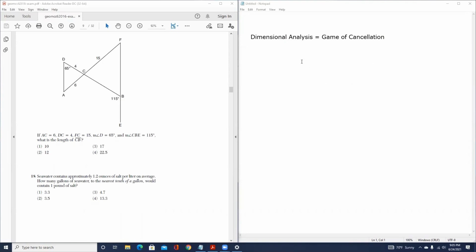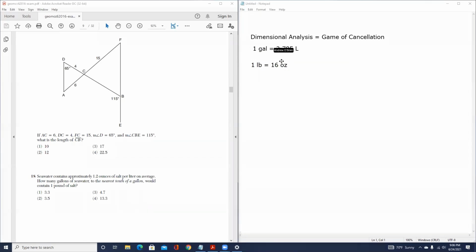So in this case, another ratio that we are given at the very bottom, at the very back of this test, is that 1 gallon is equal to 3.785 liters. That's on the formula sheet that's given to all students. We also know that 1 pound is equal to 16 ounces.